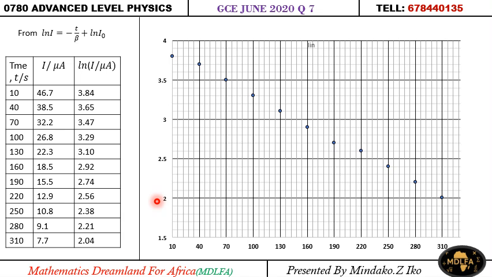Now let's see if the 0.5 is consistent. I will take 2.5, then minus the previous value, which is 2. 2.5 minus 2, so I still have 0.5. So it means that the scale is actually consistent.